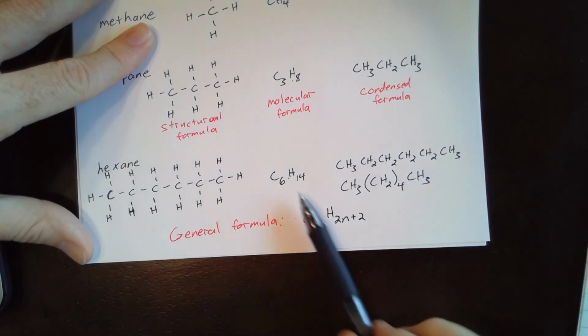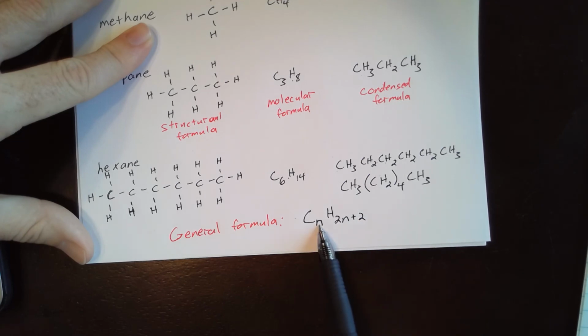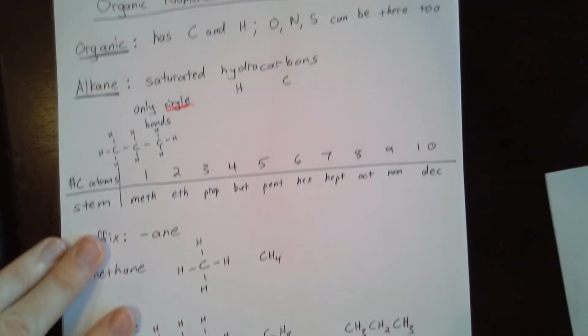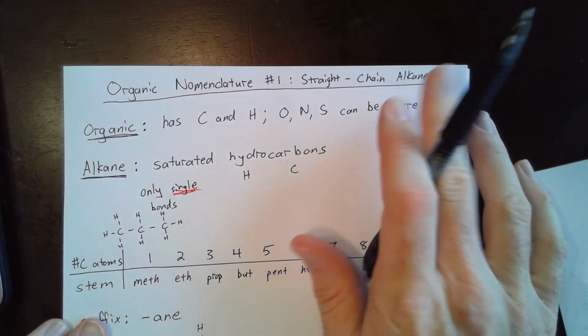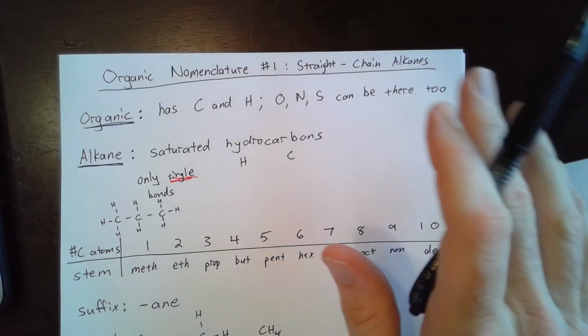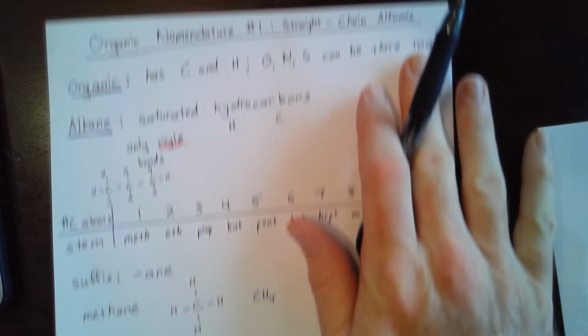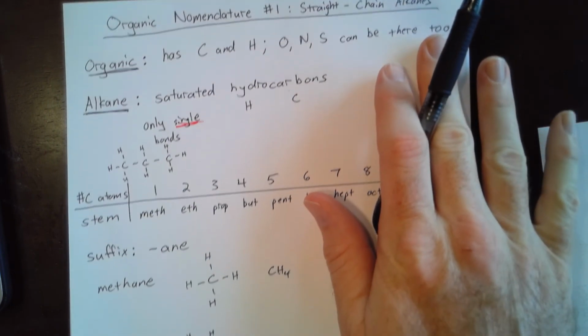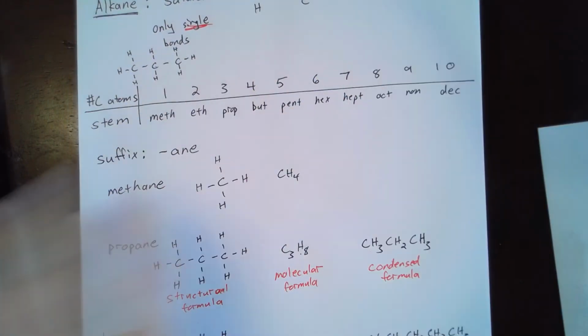All right. So if there were 2 carbons, that would be 2 times 2 is 4, plus 2 is going to be 6. So it would be C2H6. Right. So that is the general formula. Each grouping, this group is called the alkanes, is going to have its own general formula. So that is essentially organic chemistry in a nutshell, or the straight chain alkanes. Enjoy.